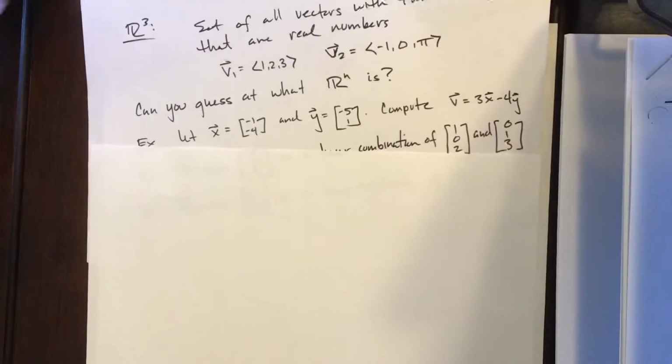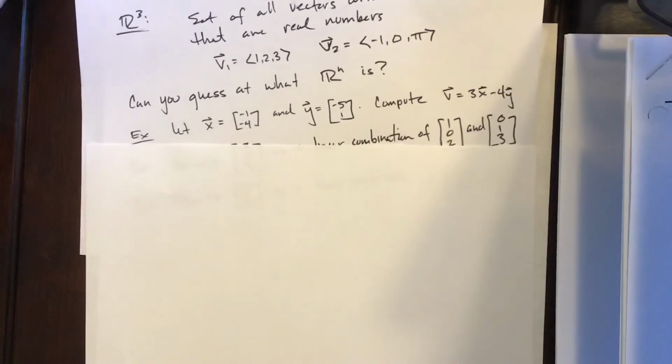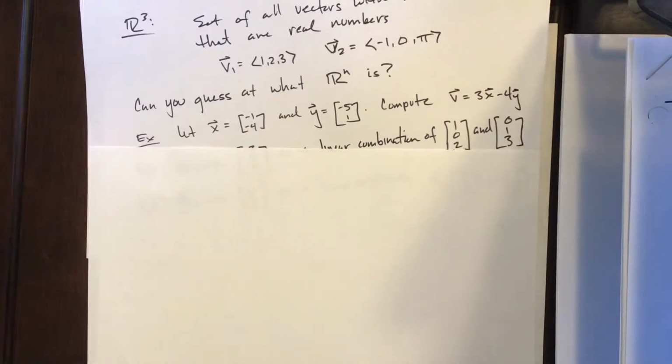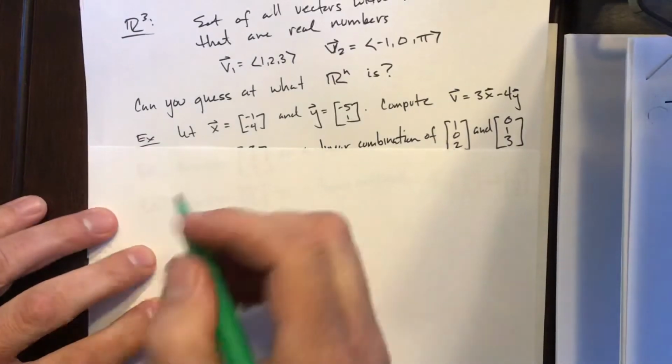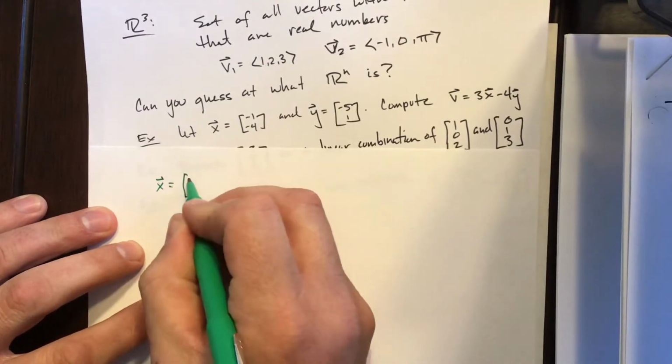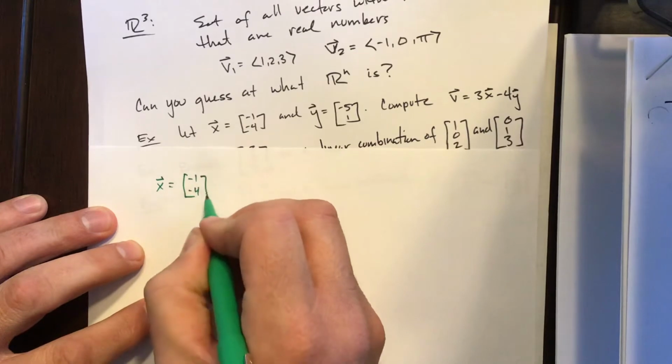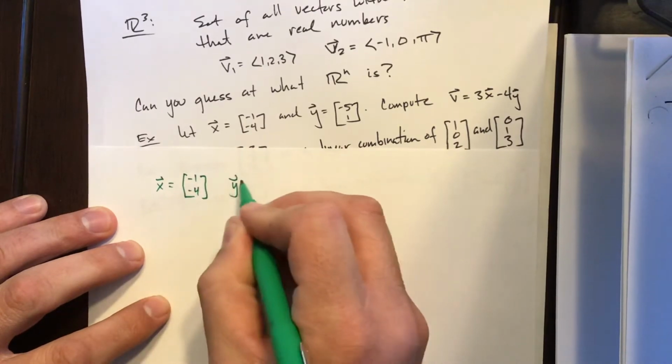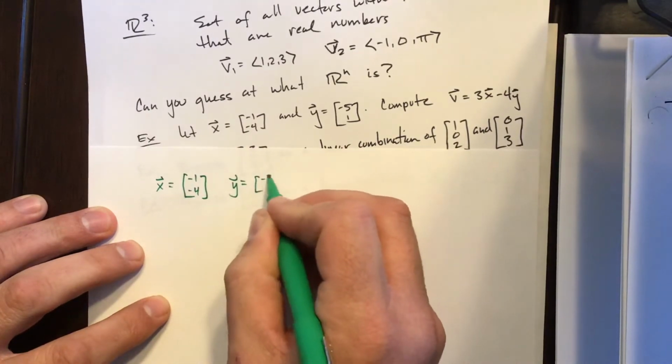Now, for reasons that will become clear a little bit later, linear combinations will be incredibly important to us. So I give you a vector x that is negative 1, negative 4, and a vector y that is negative 5, 1.